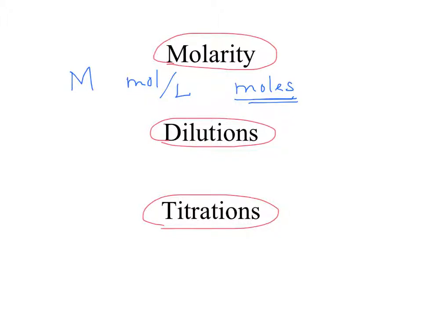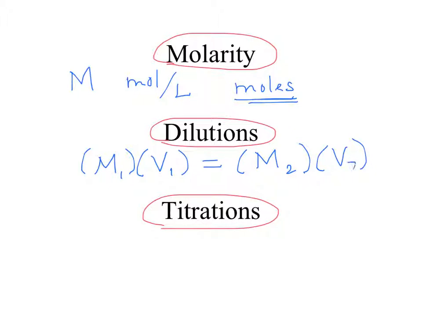And then you have dilution equations where you're considering the concentration, the molarity, of one particular substance and the volume that you have of that solution, and you want to dilute it down to another molarity and another particular volume.